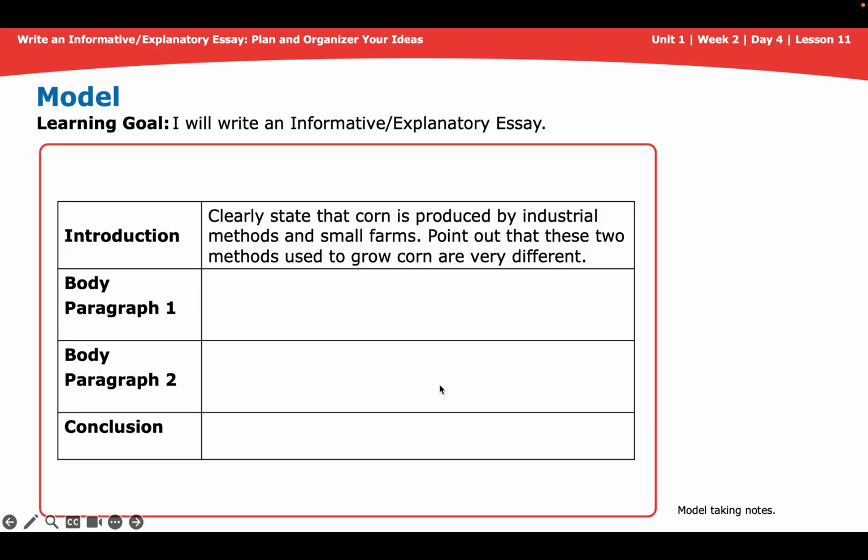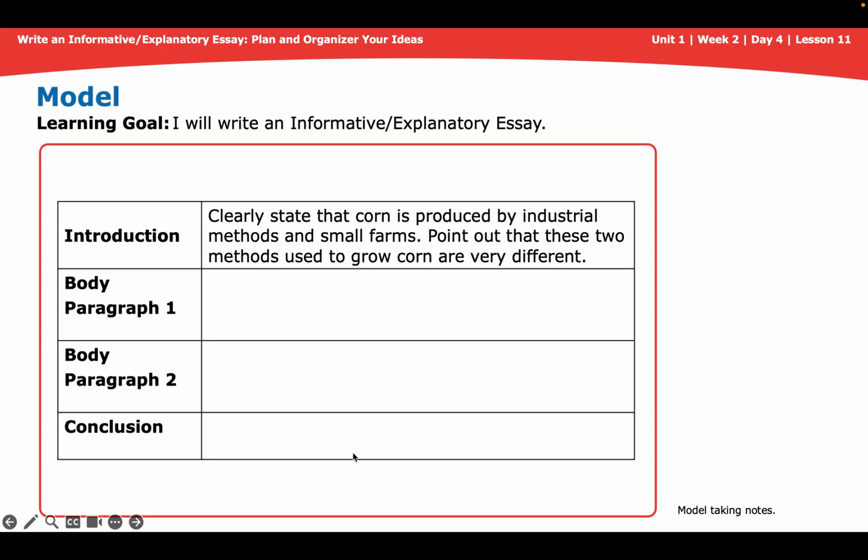Number 2, you guys took notes on the CSA. So your body paragraph 2 should have something to do with the CSA. Remember, these need to have something to do with how corn is produced, industrial methods and small farms. So your body paragraphs need to relate back to your introduction.